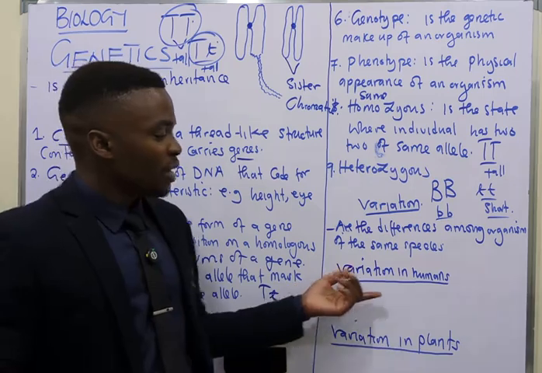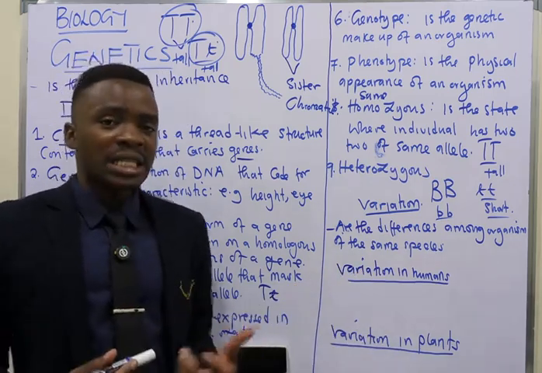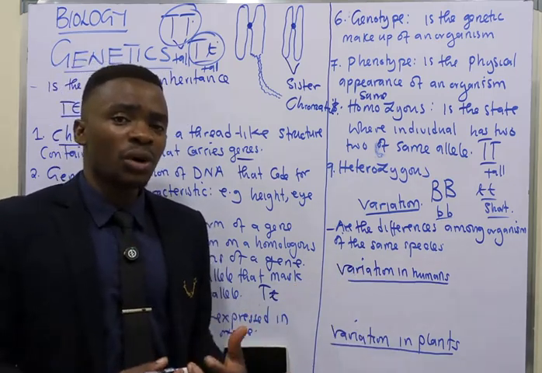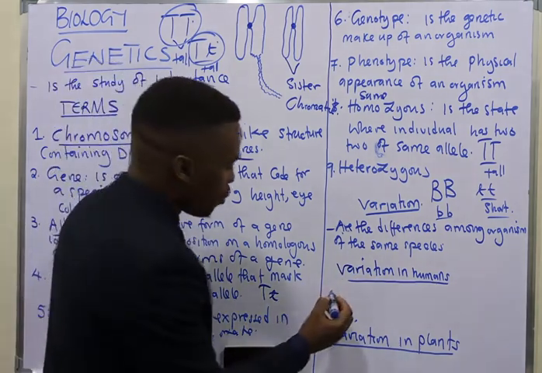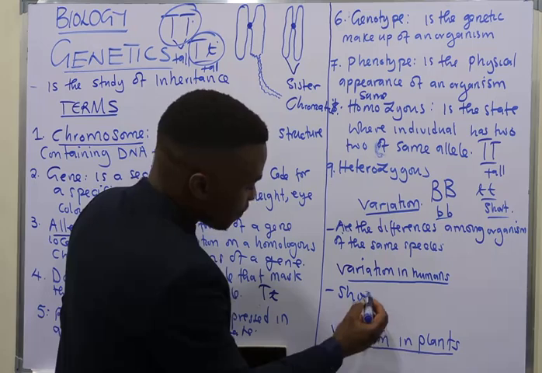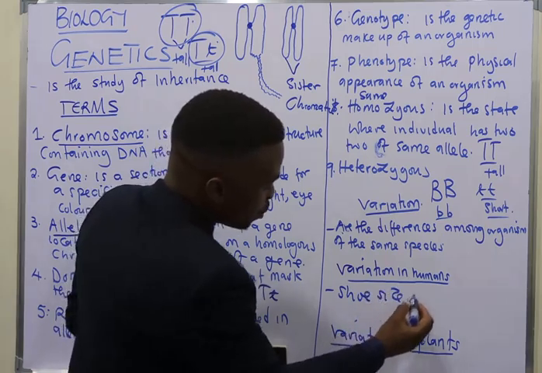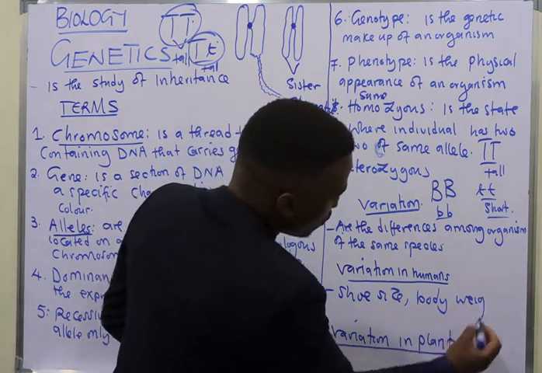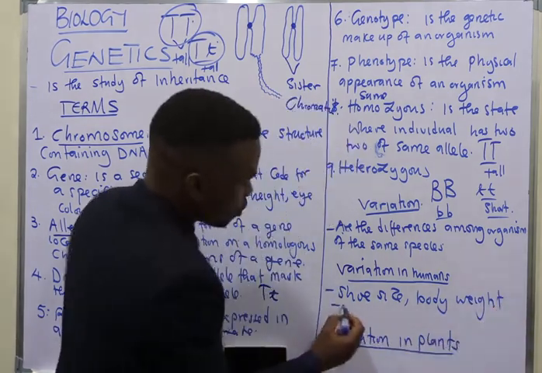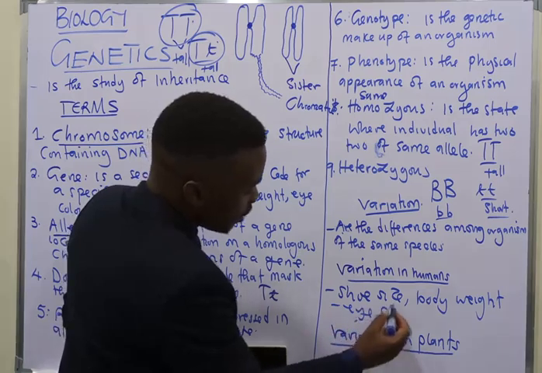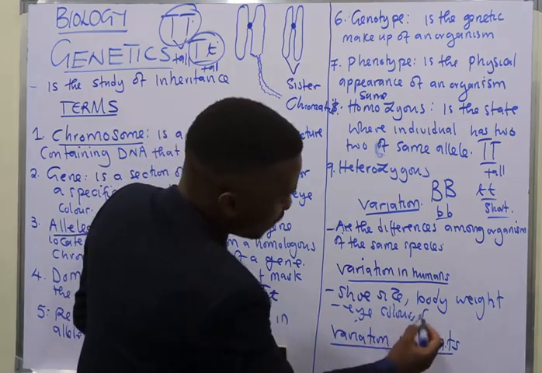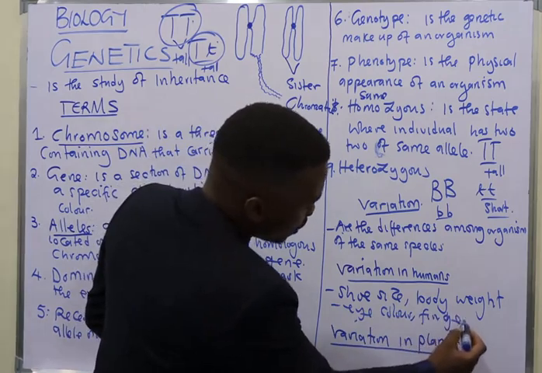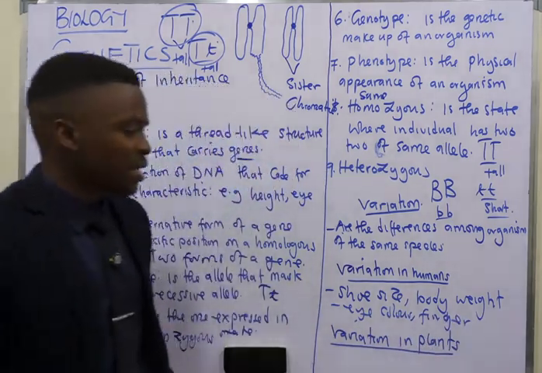Now, when you talk of variation in humans, what are some of the characteristics that show variation in humans? So we can talk of shoe size, you can talk of body weight. You can talk of eye color. You can talk of fingerprint, and so many other characteristics.